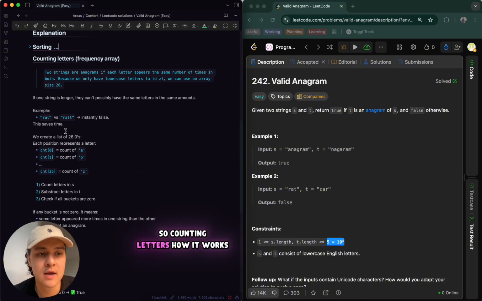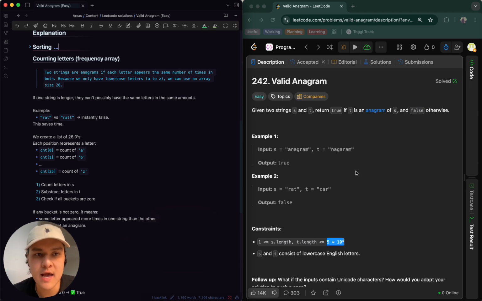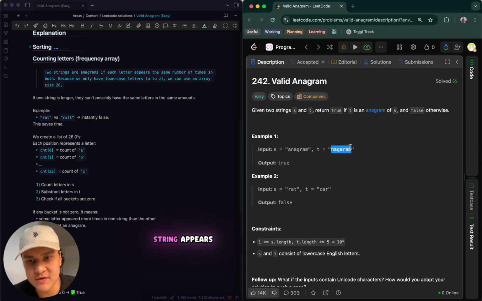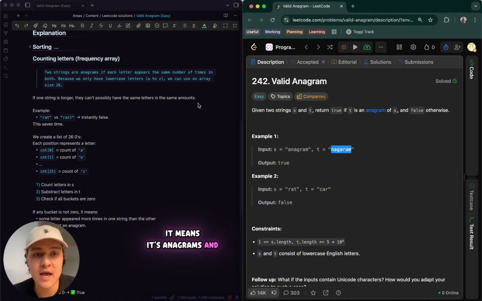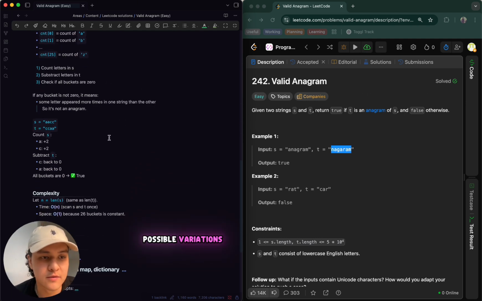We have two strings, and if each letter appears the same number of times in both, they are anagrams. We can create a list of 26 zeros and count how many times each letter appears, counting every possible variation.